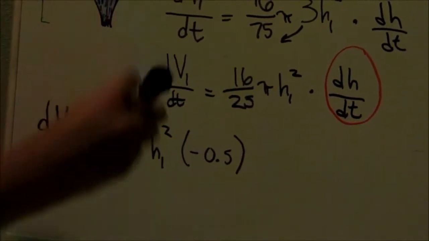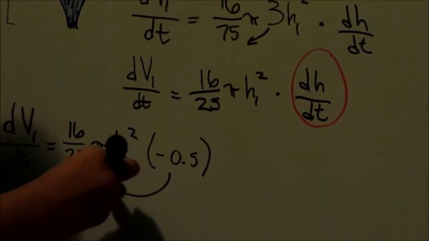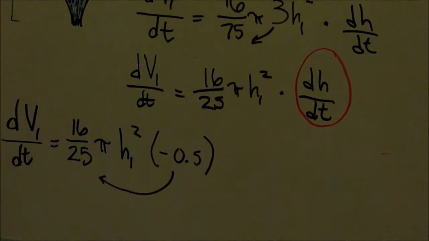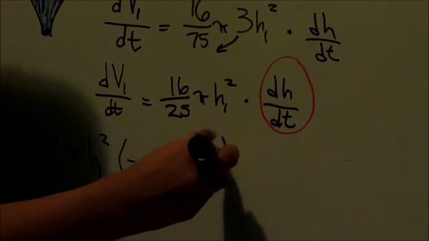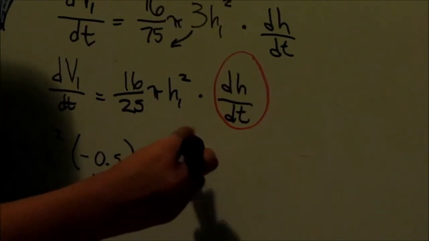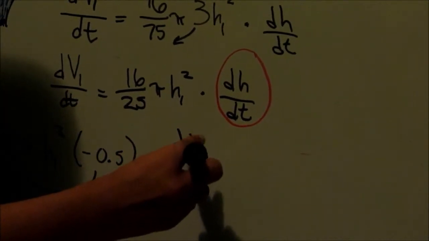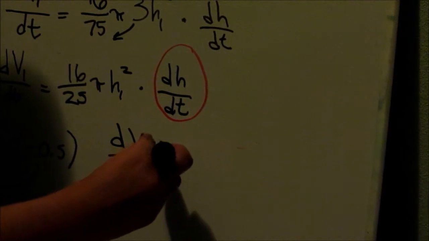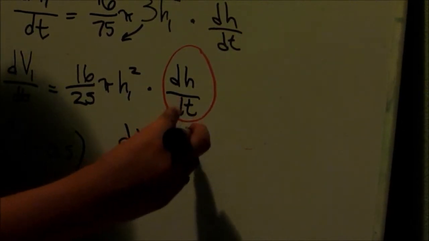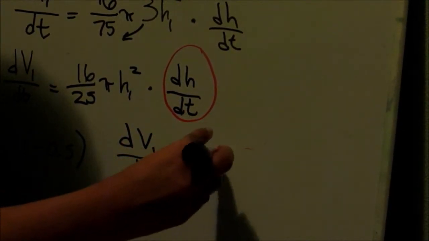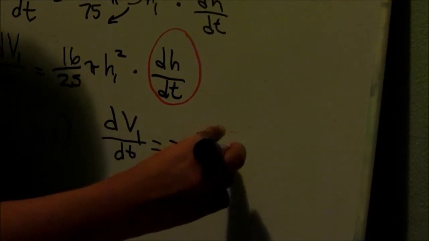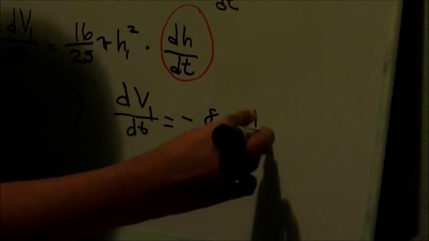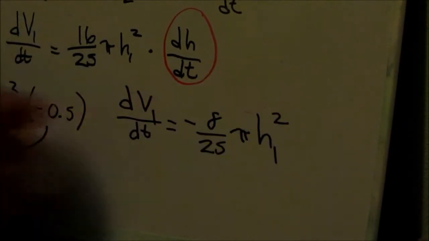To simplify, we can multiply negative 0.5 with the fraction and get the derivative of V sub 1 with respect to t equals negative 8 over 25 pi H sub 1 squared.